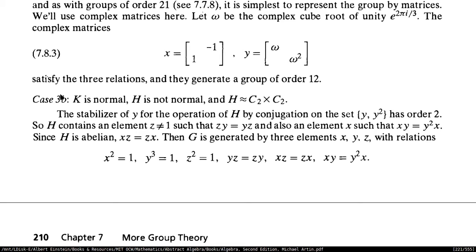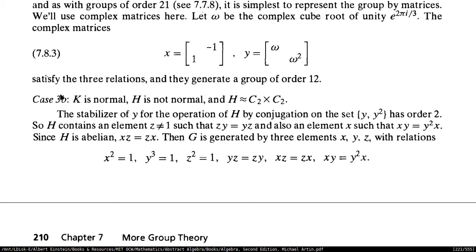So he's exhibited an X and a Y which satisfy these relations. How do we know that those generate a group of order 12, short of writing down their products?